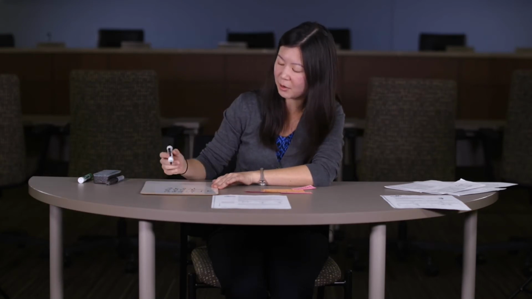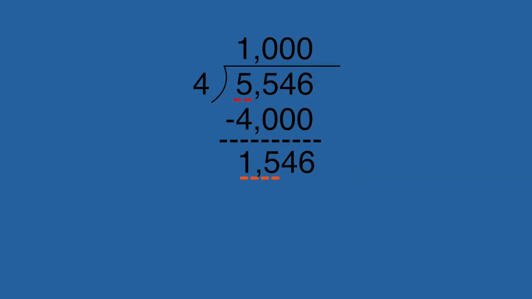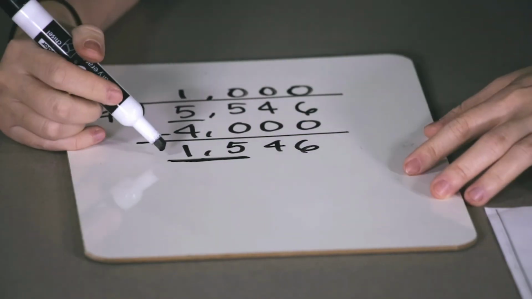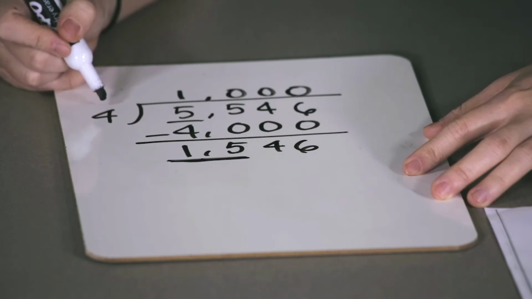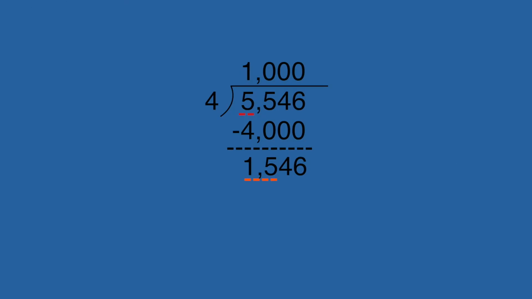So now that we have addressed the thousands, we can go into the hundreds. In 1,546, there are 15 hundreds. So 1,500 puppies divided into the 4 stores would be 300 to each store.